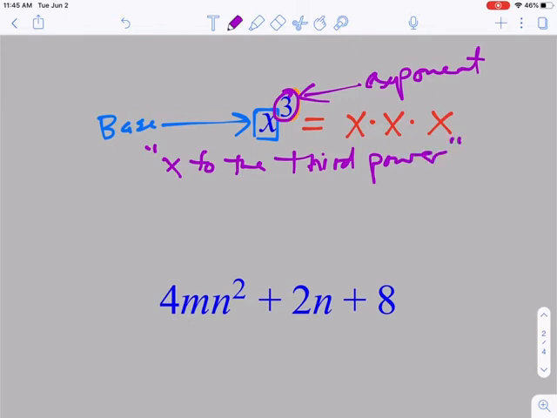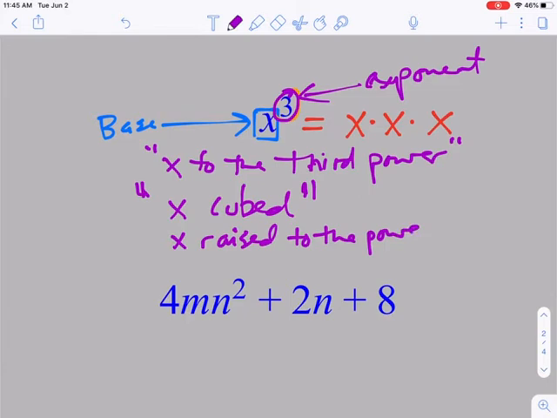You could say x cubed, because if you think of a cube, you're taking the same thing and multiplying it by itself 3 times, because it's volume, right? You could say x raised to the power of 3, and variants on that. So that's kind of how that works and what that looks like.